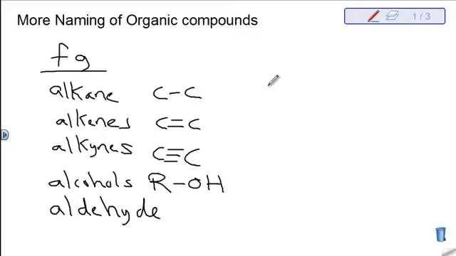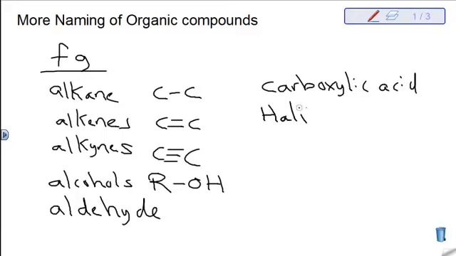I'll write the others over here. We had carboxylic acids. What else? We had the halides, I believe, and the ketones. I think I'm leaving off ketones. I think that's the only ones we went through yesterday.